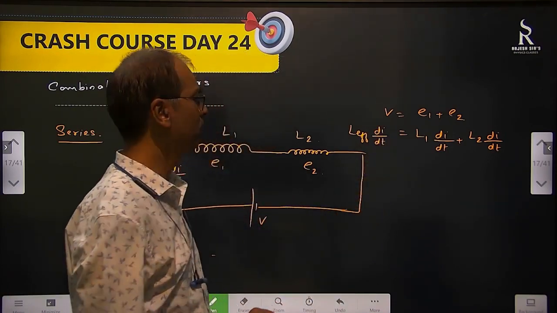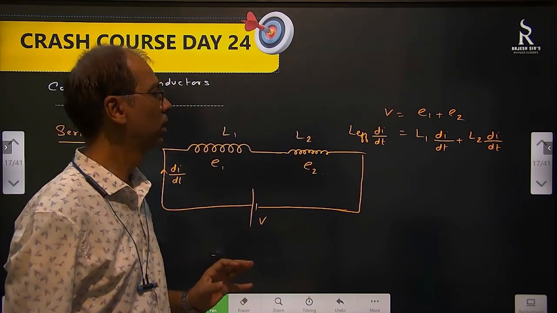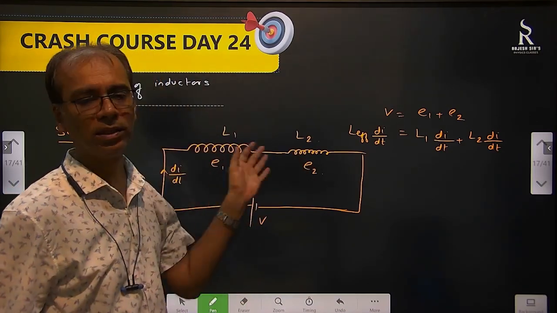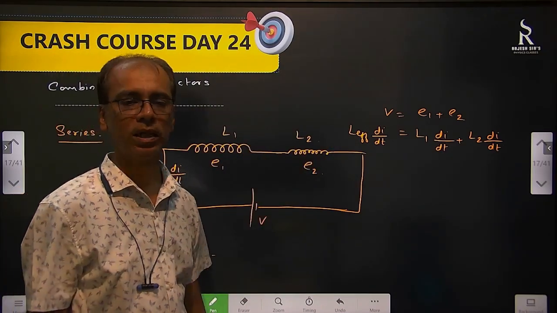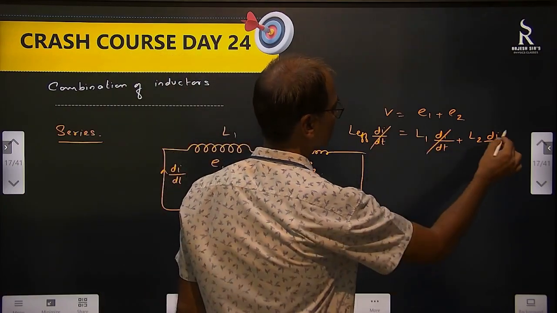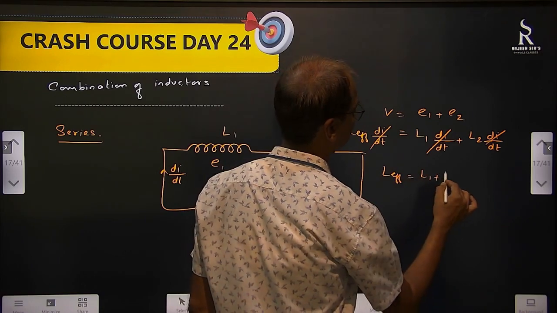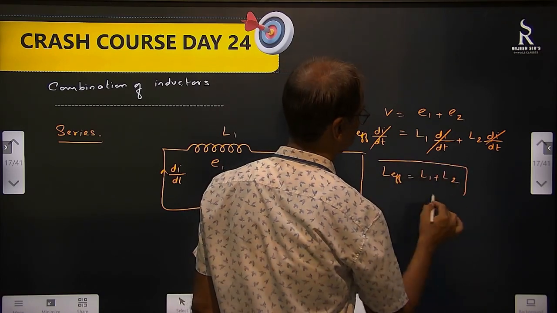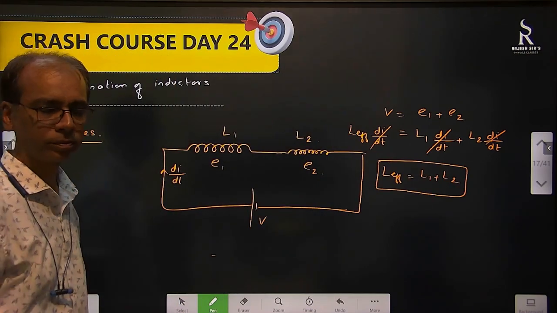What is L effective meaning? Meaning is if in place of these two, we are going to have a single inductor which can behave in the same way as these two together, then its inductance is L effective. So in series connection, this di by dt gets cancelled. So L effective is equal to L1 plus L2. Very similar to resistance. Series connection, we are getting L1 plus L2.